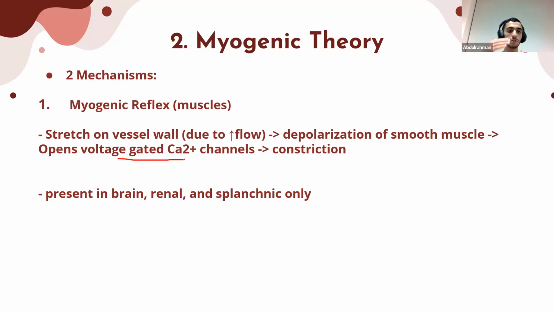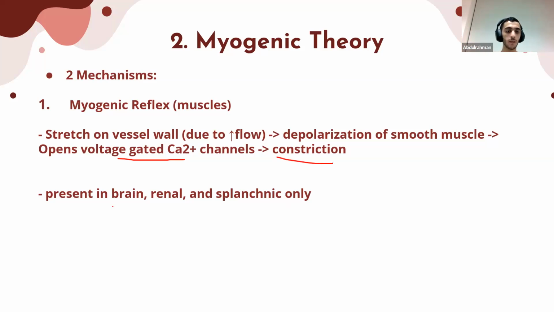So the myogenic reflex, all it says is that the muscles, when they're stretched due to a sudden large blood flow through the vessel, will have a reflex constriction.